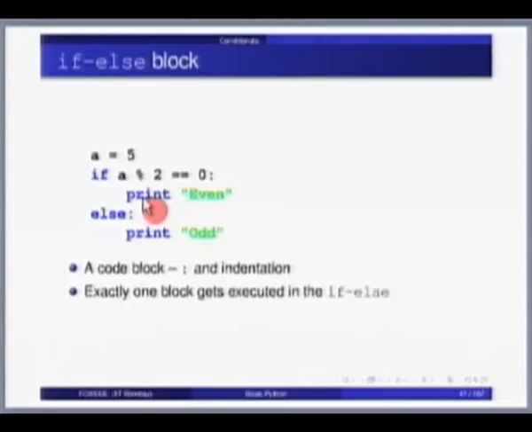But Python therefore enforces that you must have indentation to determine the scope. So in this case, everything that is indented one level to the right is inside this if condition. If you dedent back to the level of the if, then you are outside that if condition.